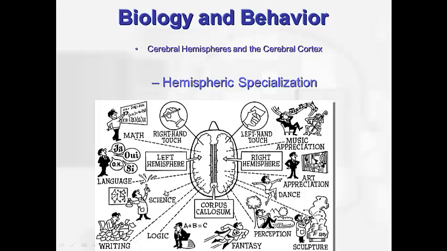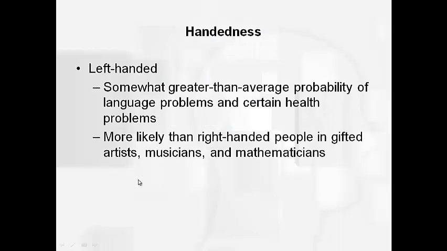Because their language centers are located in the opposite hemisphere, right? So they will have that information on the right, but they will not be able to process it properly because the language centers are in the left.